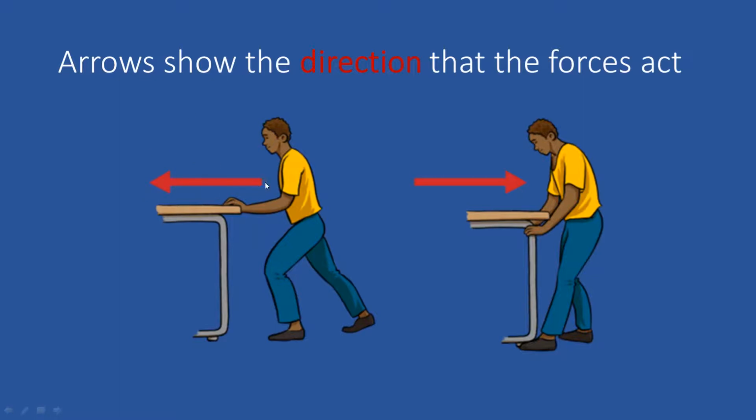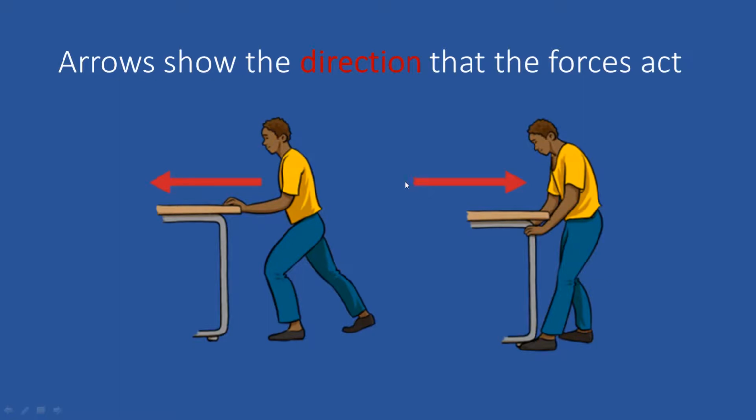So if the head is to the left, the man is exerting a force toward the left. He is pushing the table forward, so the direction of the force is to the left.